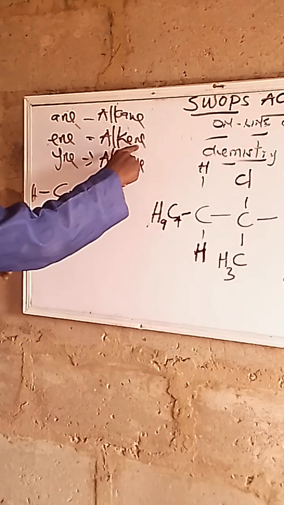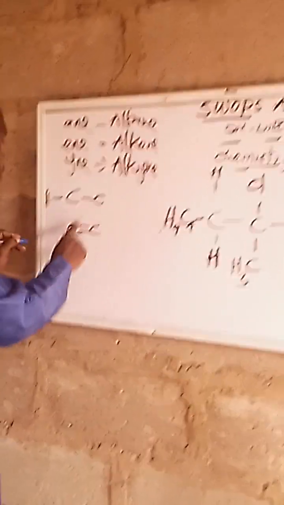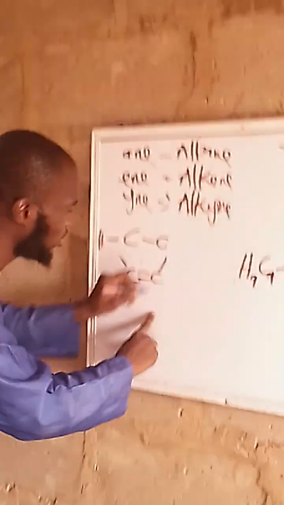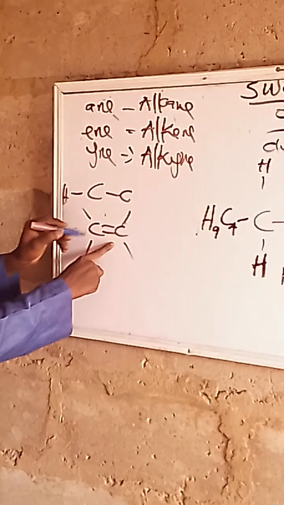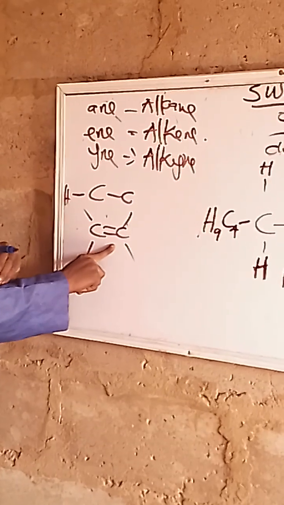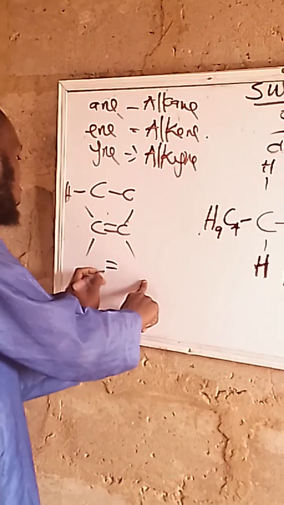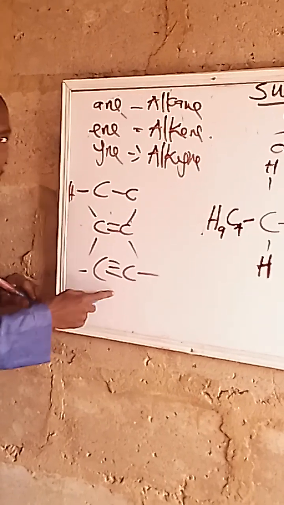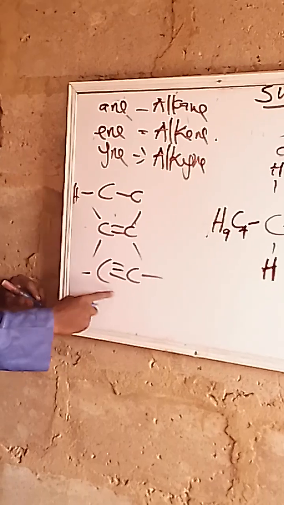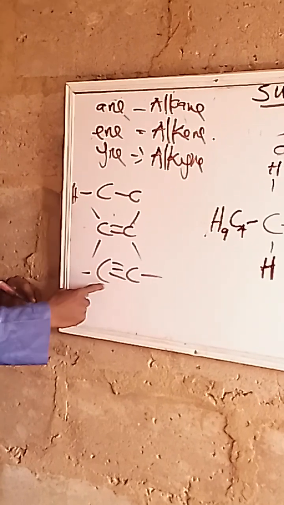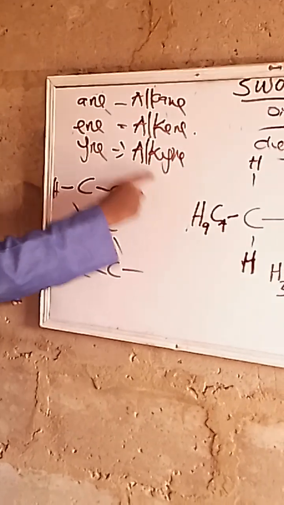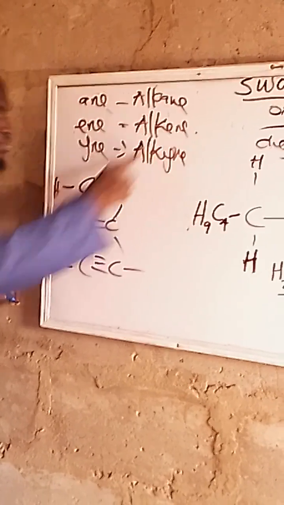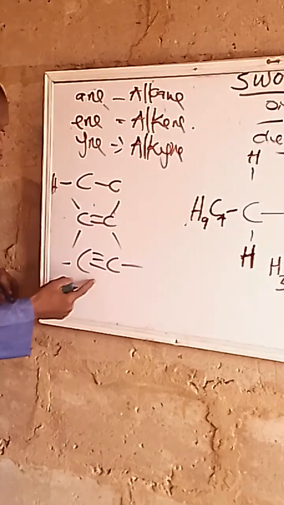When we have ENE, when we have a C to C double bond like this, and we have hydrogen here, here, here, and here, this is classified under ENE, alkenes. And if we have a triple bond like this, how many bonds are here? The bond that joins this and this together is triple. We call it triple bonded molecules. It falls under YNE, alkyne. So alkane is single bond, alkenes is double bond, and alkyne is triple bond, which is something of this.